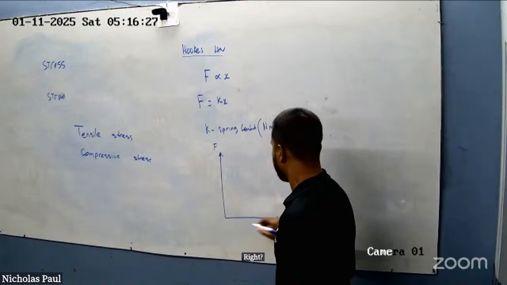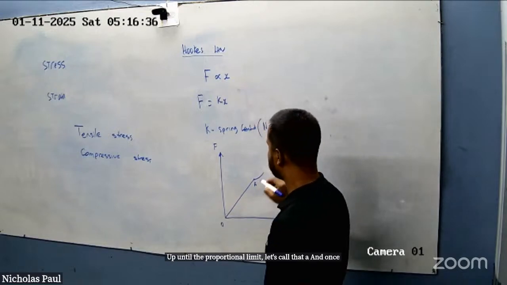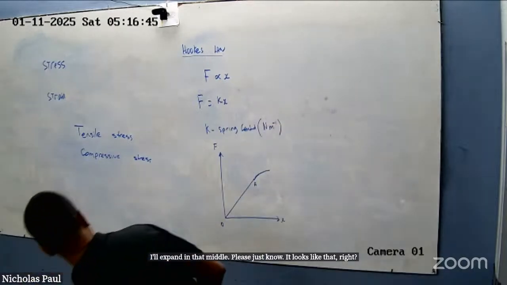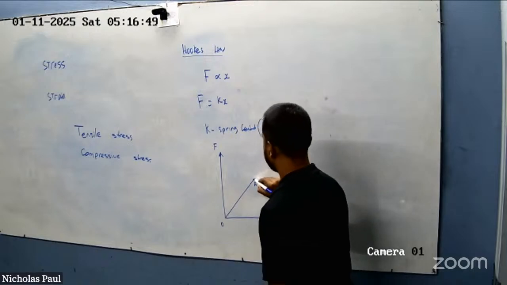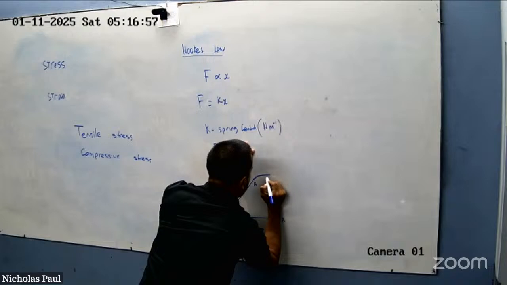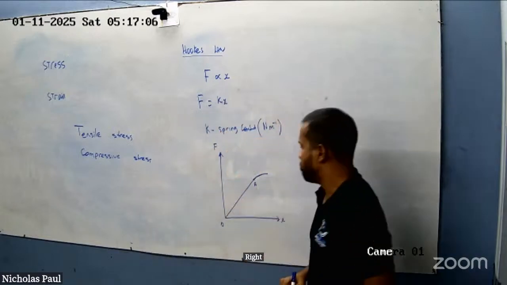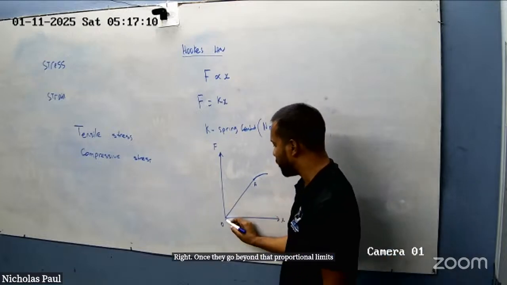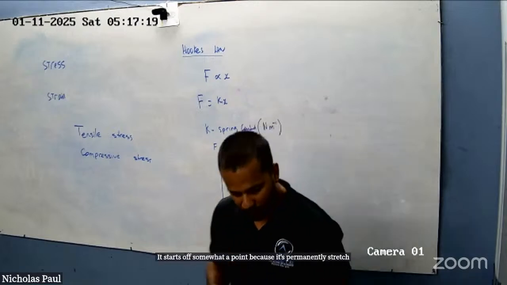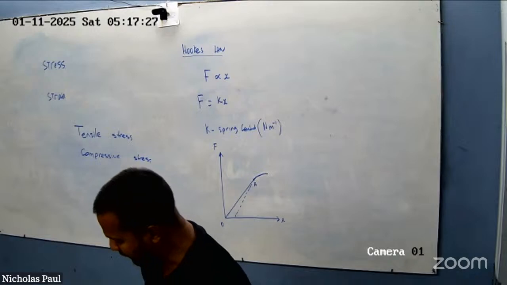A nice straight line up until the proportional limit; let's call that A. Once you go beyond that proportional limit, it no longer starts at O. It starts at some other point because it becomes permanently stretched.